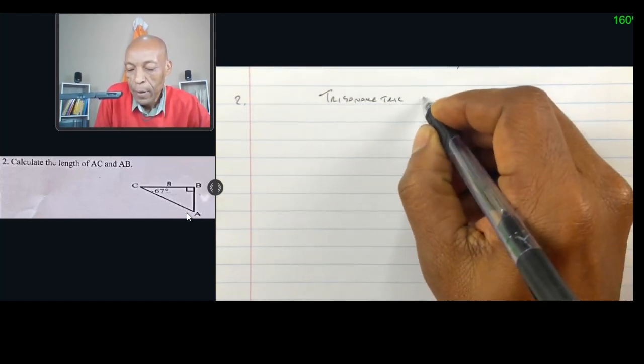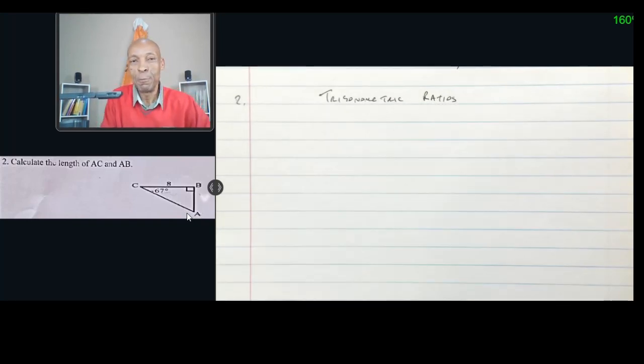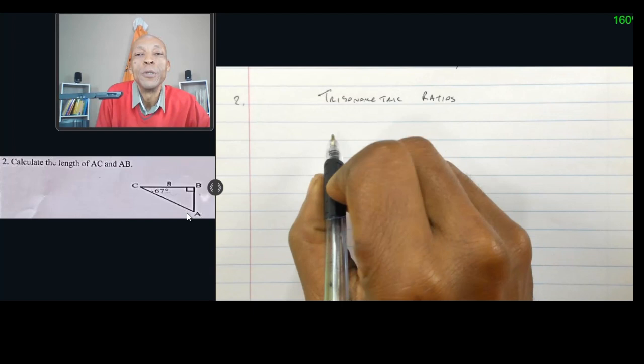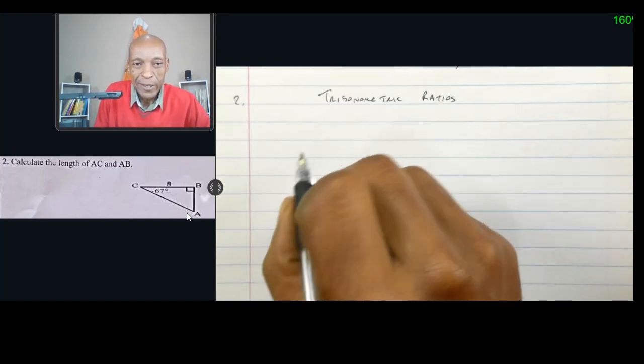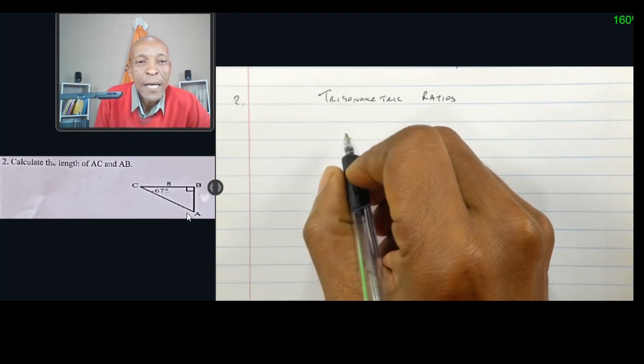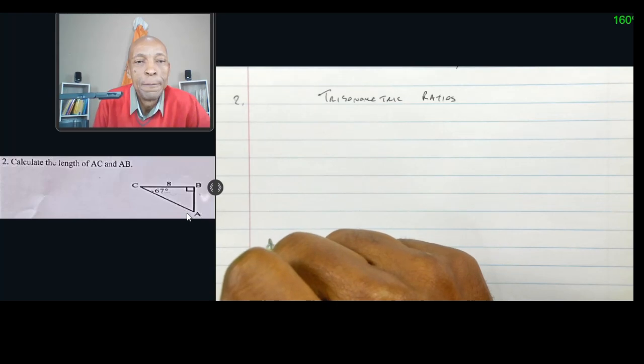Okay. Trigonometric ratios, relationship between angles and sides. We'll talk about that just now. So in a test, you are not going to waste time with this. Easy peasy marks. So what do they have? They have a side and they say calculate the length of AC and AB.